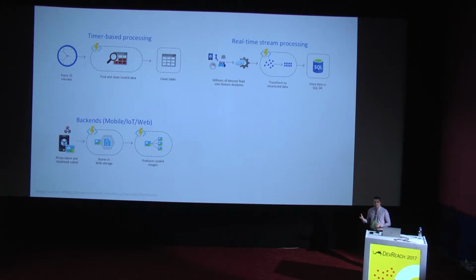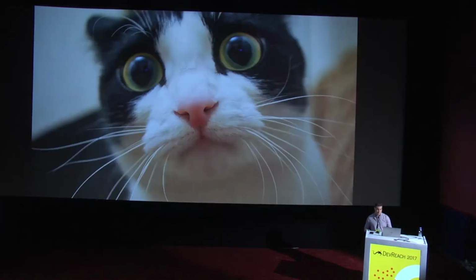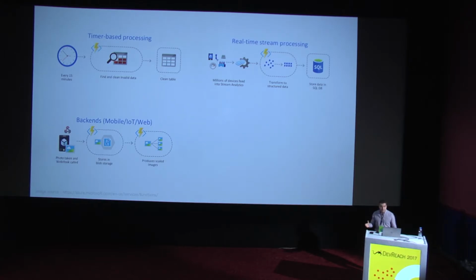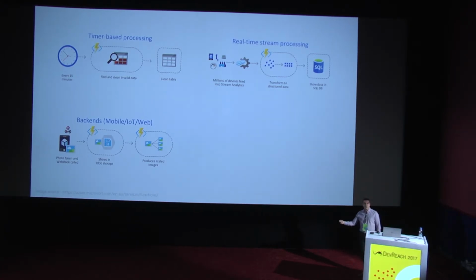Mobile backends. If you're building a social application or some kind of web app, doesn't matter. You probably don't want random grandmothers uploading 10 megabytes worth of pictures of cats. Okay, you probably don't want to do that. What you probably want to do is whenever someone uploads an image, you might want to run some code that resizes this image and saves it again.